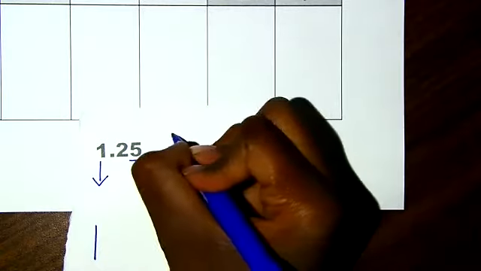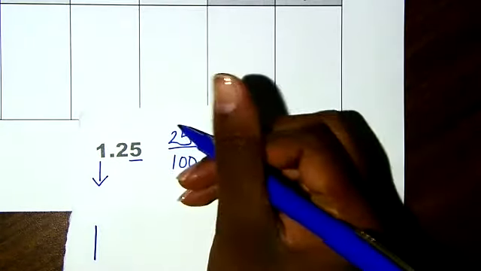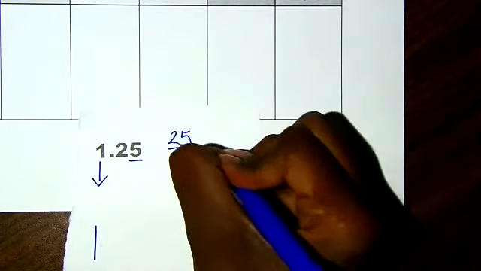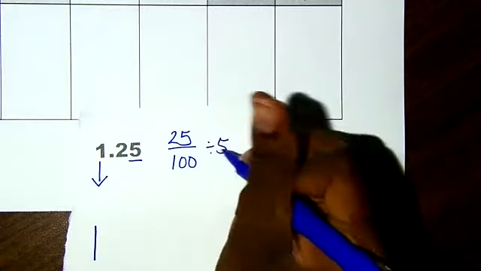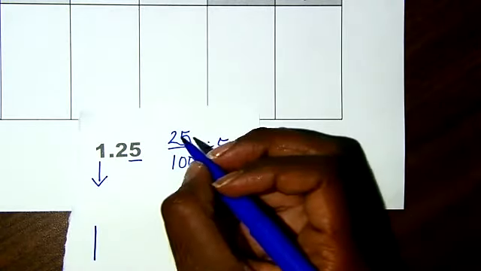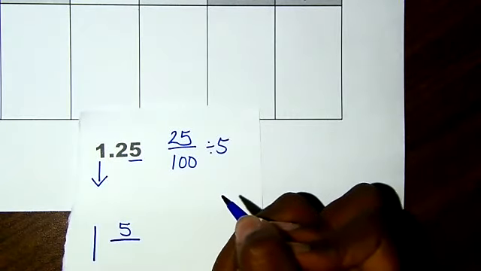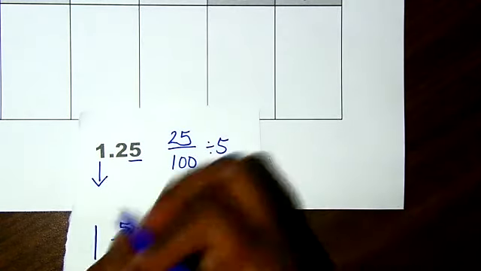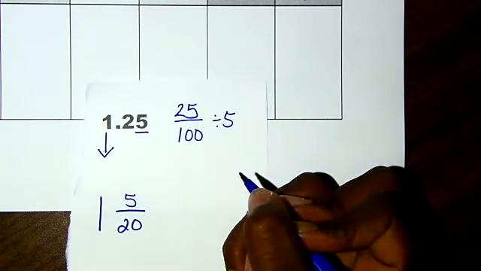I bring the 25 over as my numerator. I end in a 5 and I end in a 0. That means I'm divisible by 5. 25 divided by 5 will give me 5. 100 divided by 5 will give me 20. Good job. But guess what?